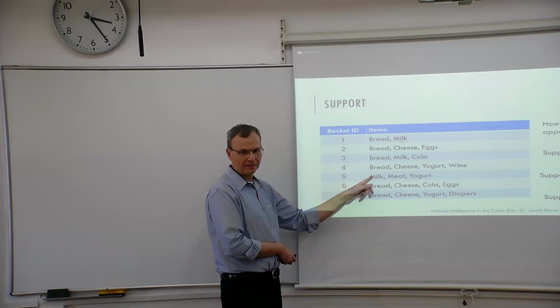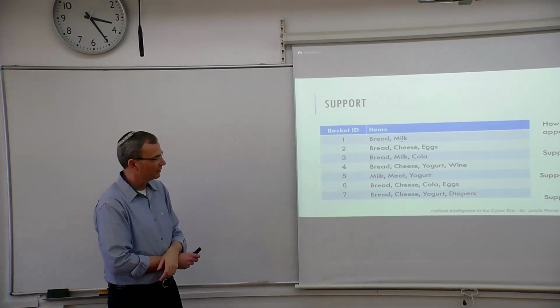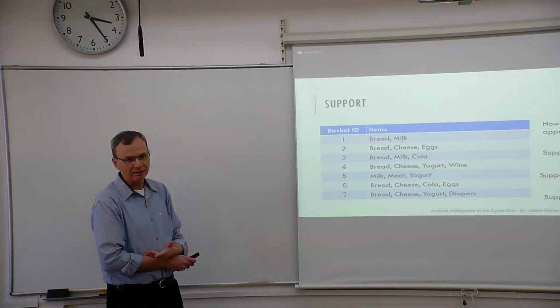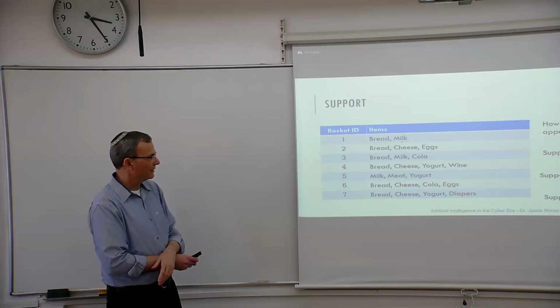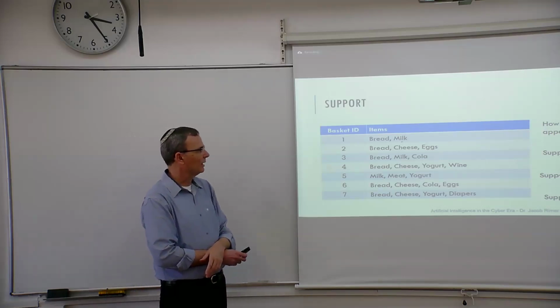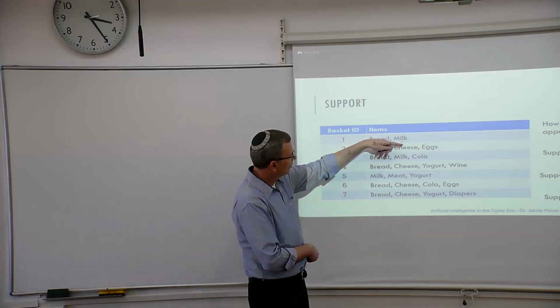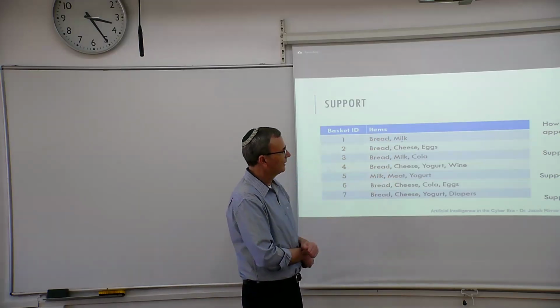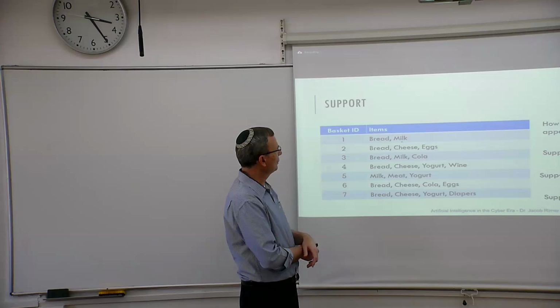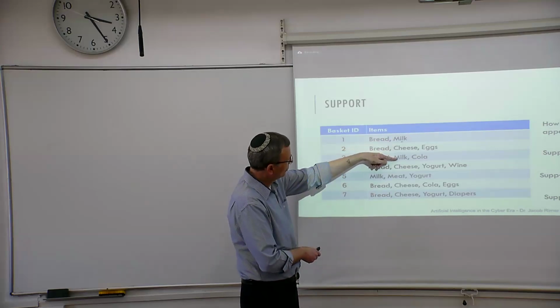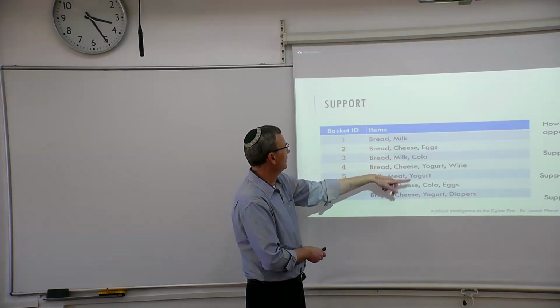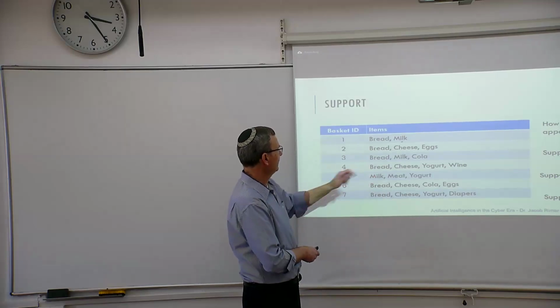This is the only basket that does not have bread. In the same manner, cheese we have in 4 of them: 1, 2, 3, 4. And milk we have in 3 of them. 1, 2, and where is the third one? Here. Okay?